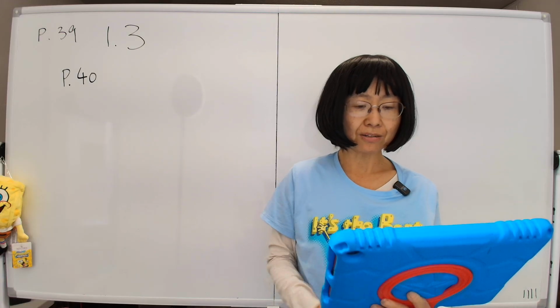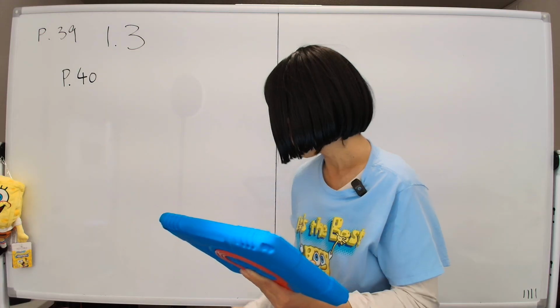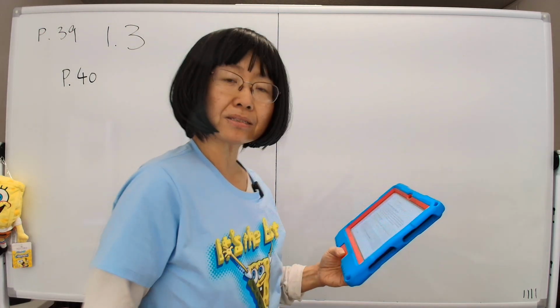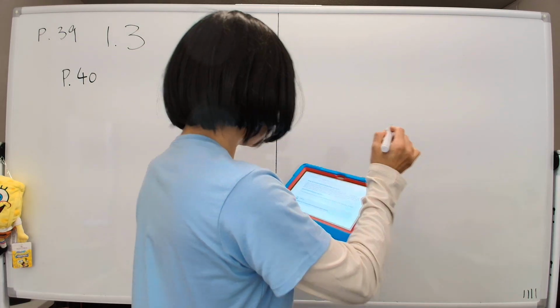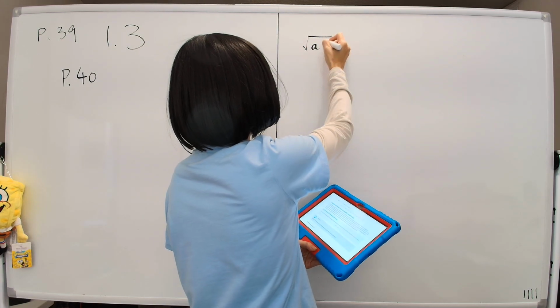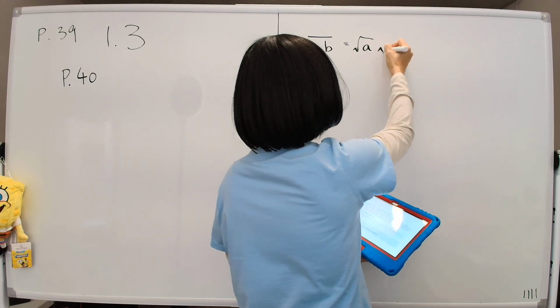Next, look down at the bottom of the page, we have something called the product rule, where it says the square root of two things that are multiplied together is the same as the square root of them individually and then multiplied together, like this. If you have two numbers multiplied, that's the same as the square root of each one being multiplied together.